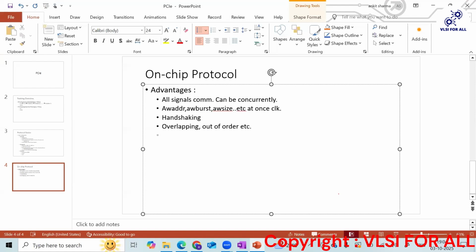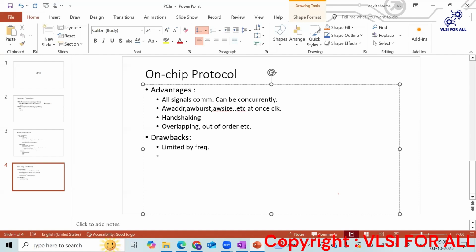Now I'm not interested in the advantages of the on-chip protocol, I'm interested in some drawbacks. From there I will go to peripherals. Can someone tell me what the major drawbacks are? First is that it is limited by frequency.